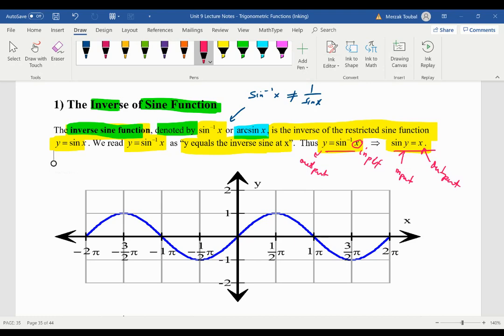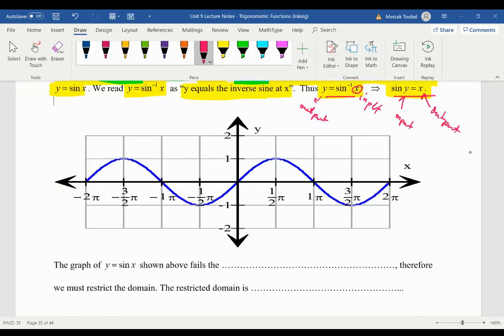Now, here's the graph of the sine function, the blue one. As we see, this is a graph of the sine function. So the graph of y equals sine shown above fails what? Obviously, if we run the horizontal line test, it fails the horizontal line test.